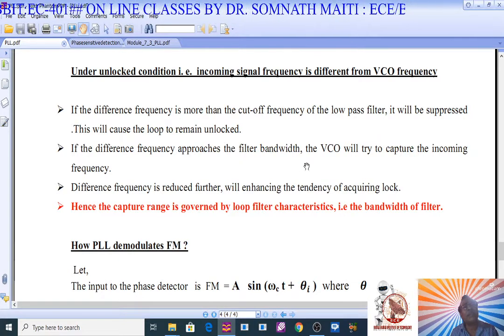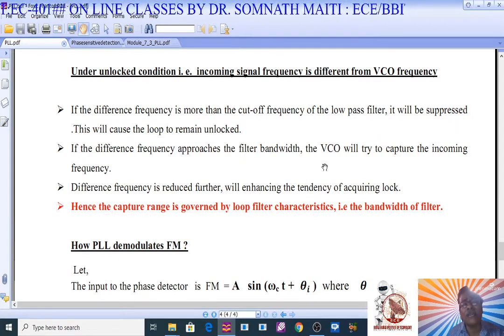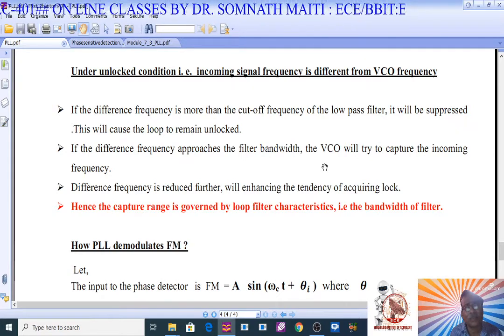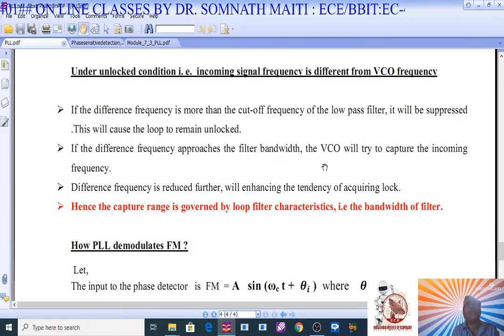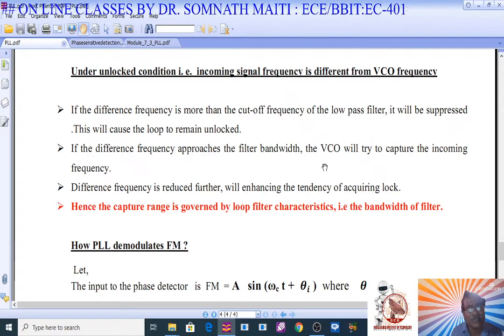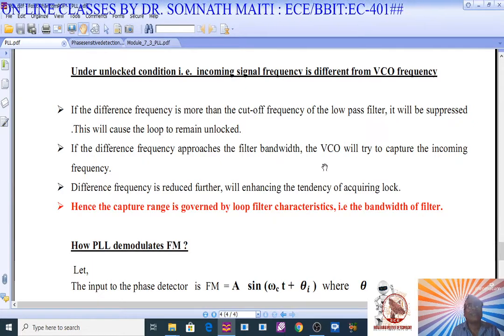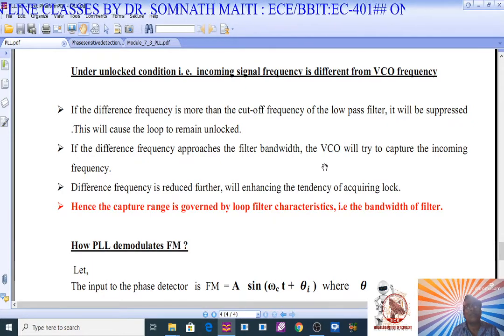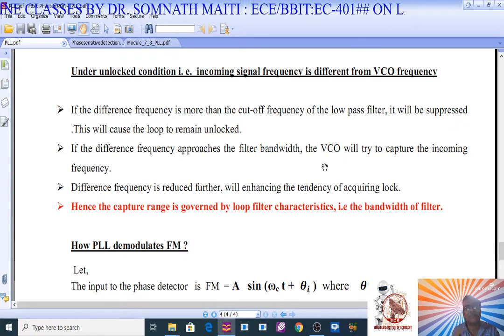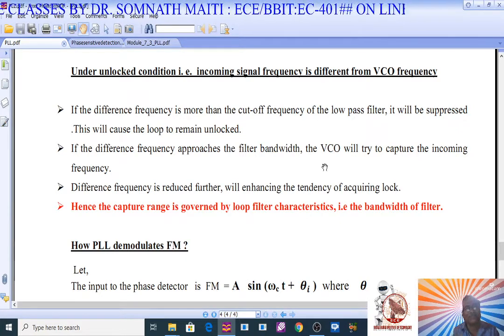If the difference frequency approaches the filter bandwidth, that is, let's say 3 kHz is the low pass filter bandwidth and the difference frequency is approaching 3 kHz, then the speeds of these two will try to match, like police and thief, the same example I am going to use as a reference.